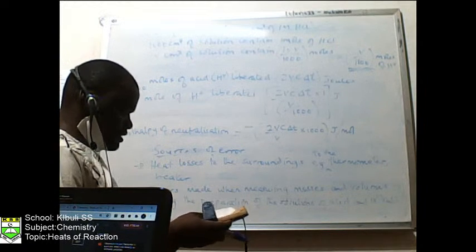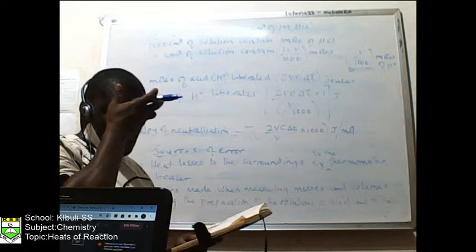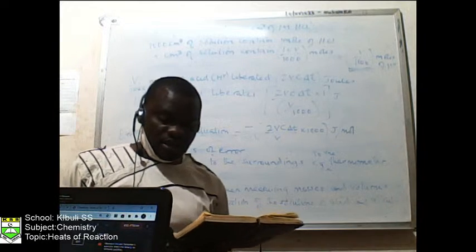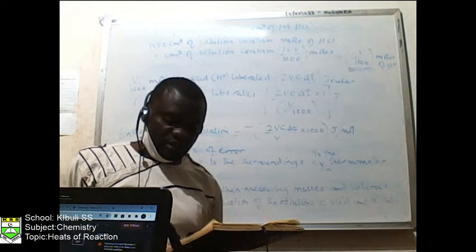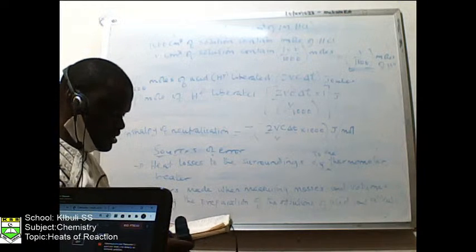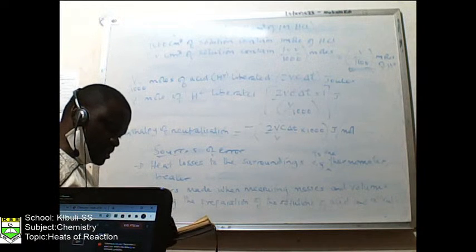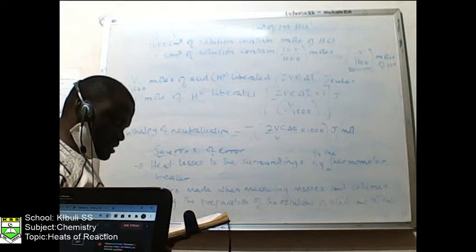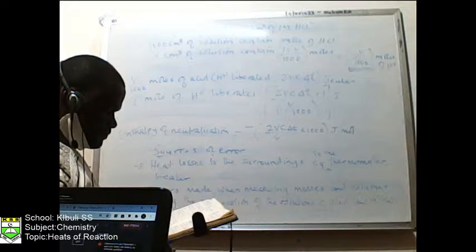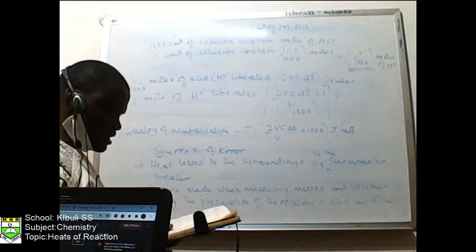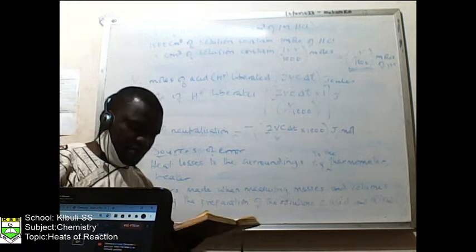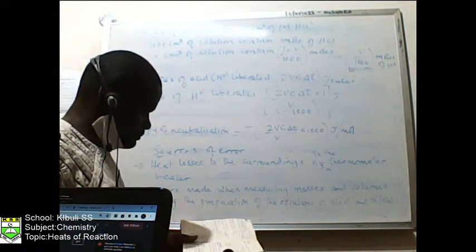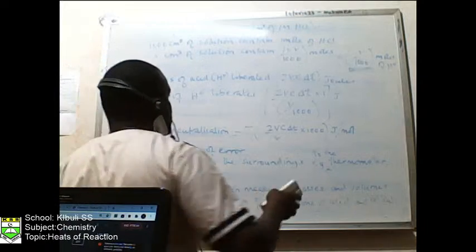So the question reads: in an experiment, 25.0 cubic centimeters of 2 molar monobasic acid at 23.5 degrees Celsius was added to an equal volume of 2 molar sodium hydroxide at 25 degrees Celsius. Temperature of the mixture changes to 36.5 degrees Celsius. They give us the density of the solution as 1 gram per cubic centimeter and the specific capacity of solution as 4.2 joules per gram per degree Celsius.